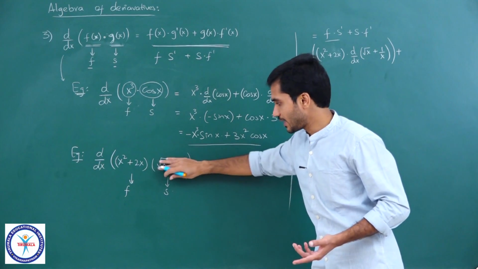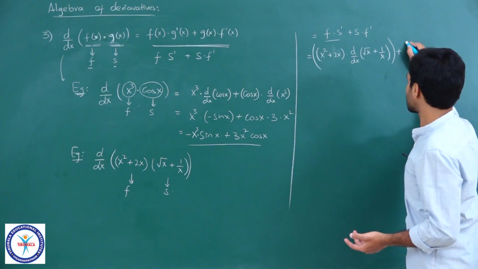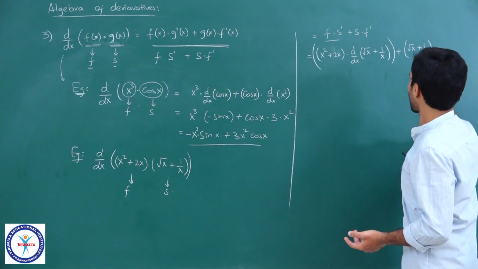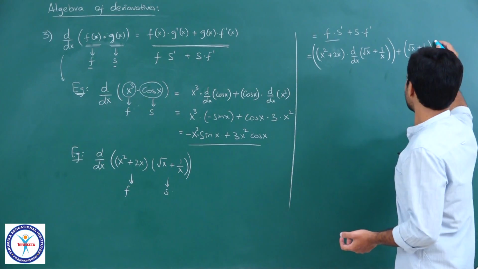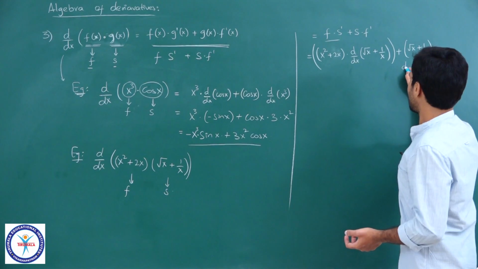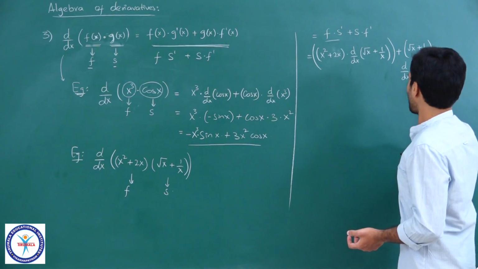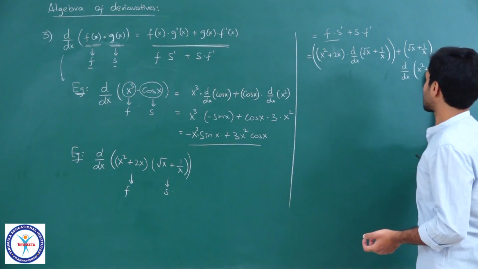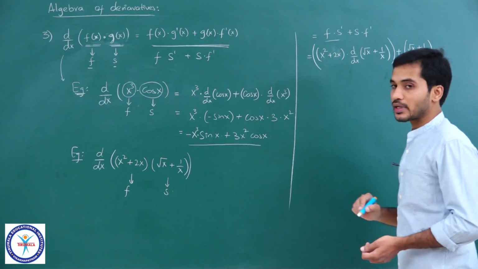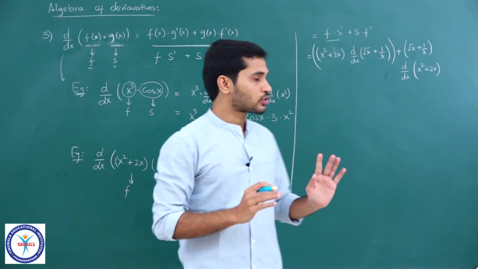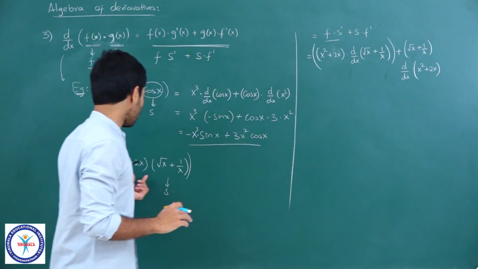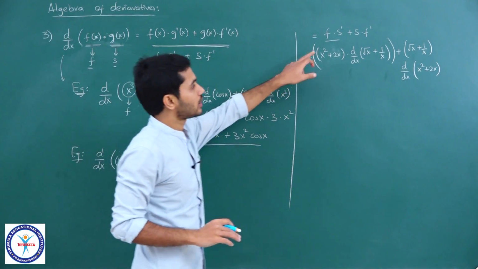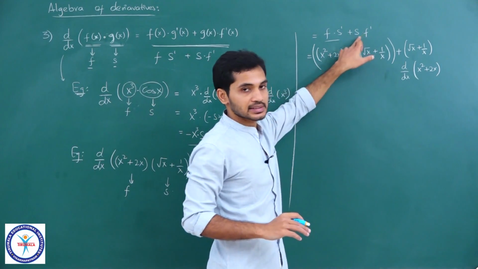S is this, I will write it as it is. So, which is root x plus 1 by x, correct, into d by dx of x square plus 2x. Clear, students? So, that is it. I have just substituted that in the actual expression. So, taking this as my first function and this as my second function, f s dash plus s f dash.